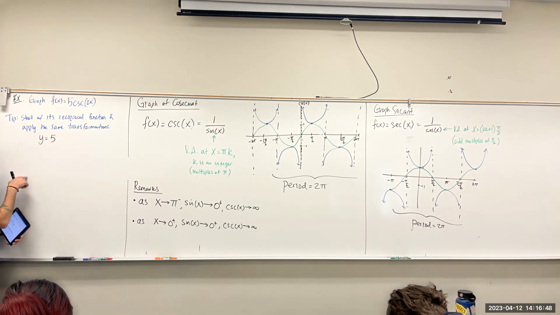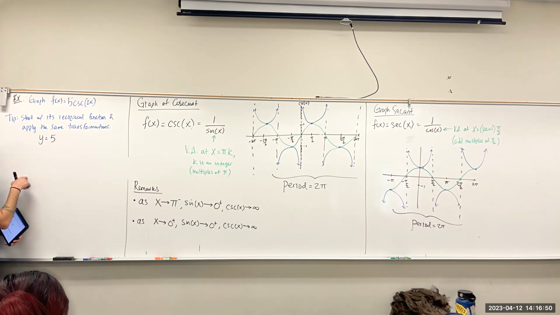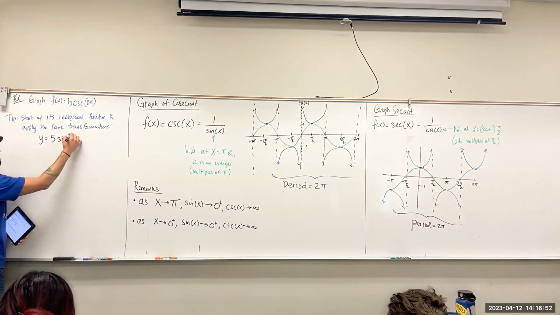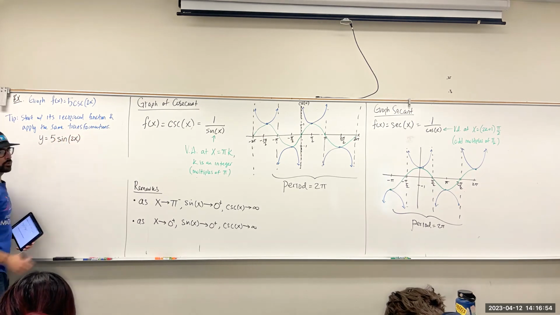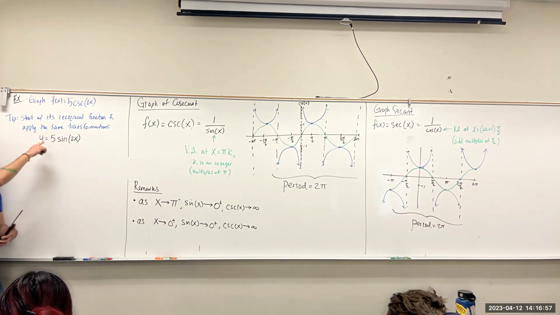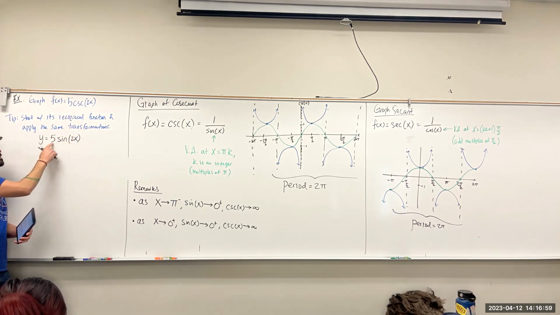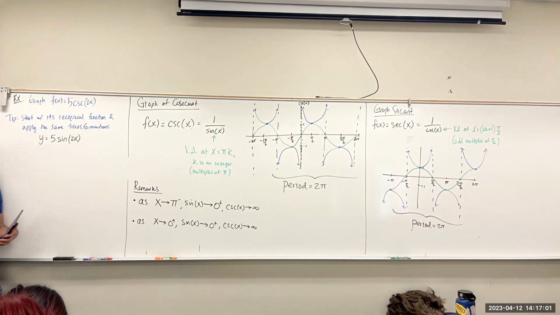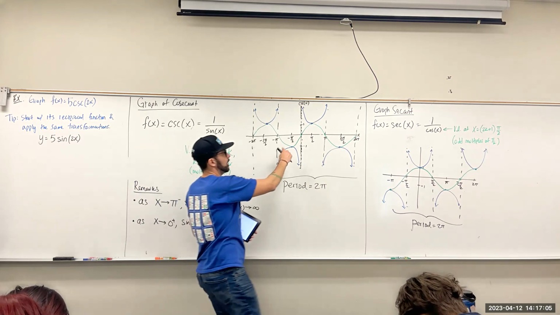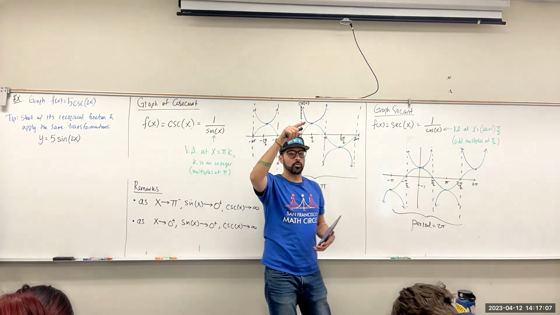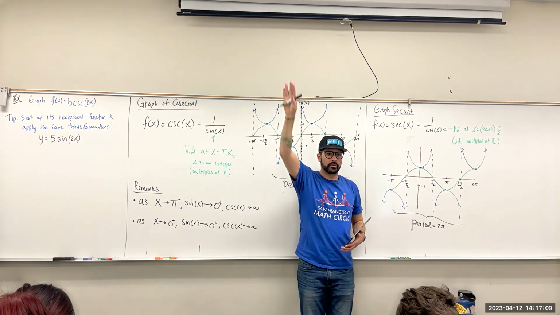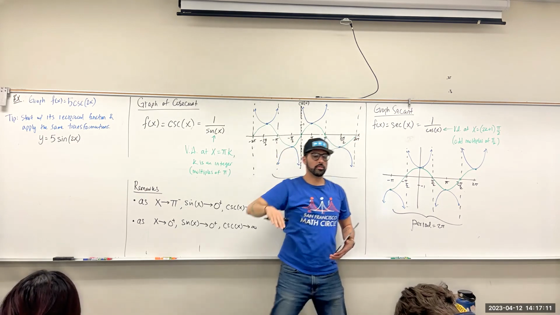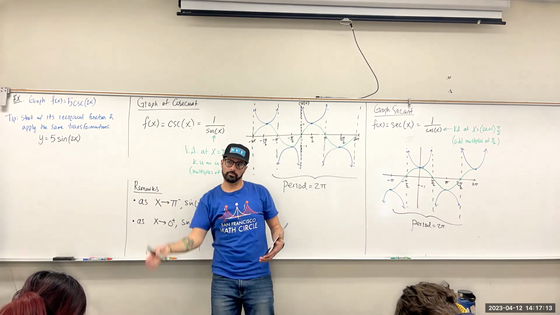What's the reciprocal of cosecant? Sine 2x. I'm going to do the same function, same transformations, but I'm going to do it to sine. And graph that just the way I did here. And once I graph it, then wherever sine's positive, I know that cosecant will shoot up. Wherever sine's negative, cosecant will shoot down.